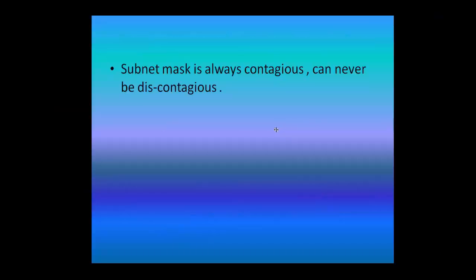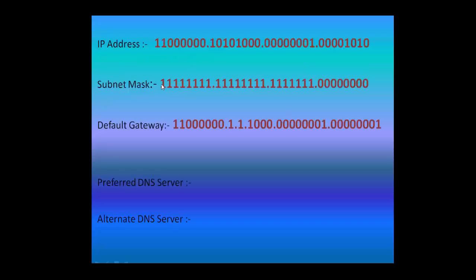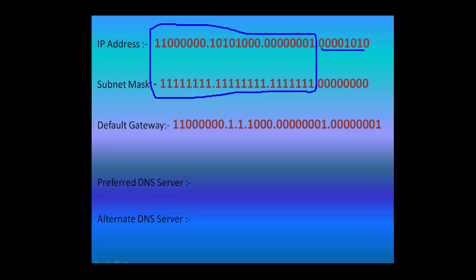So this is about the subnet mask. By looking at the subnet mask, and when we compare it with the IP, up to here, the first 3 octets will be the network bits, and this is the host bits to identify a particular host in a network. This is one network and this is the host.